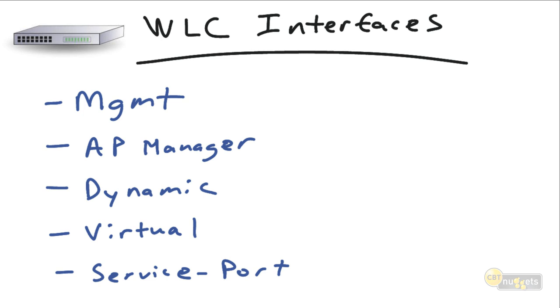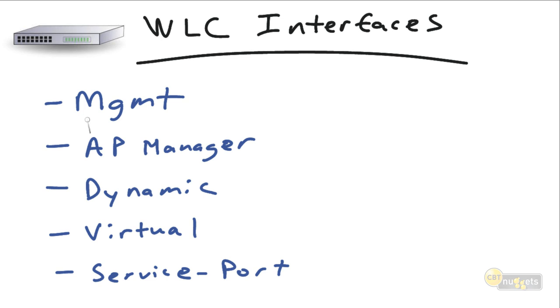Now, just to drive the point home about how sophisticated the wireless LAN infrastructure is, on a lot of your Cisco devices, you might have a console port, an aux port, and then the fast Ethernet ports that are going to make connections out to devices. On a wireless LAN controller, we have quite a few interfaces.